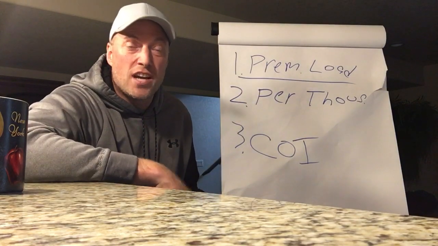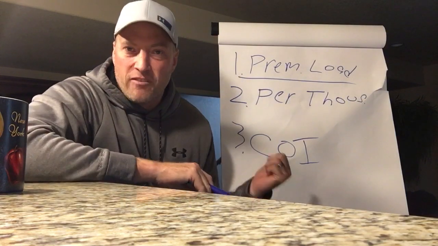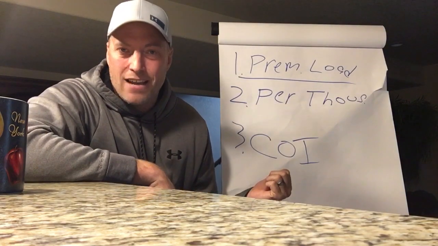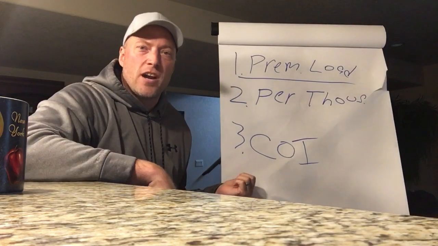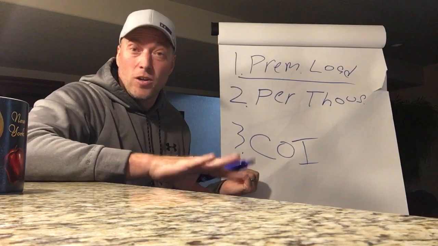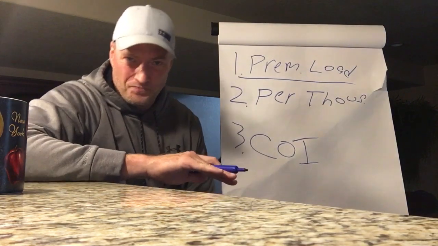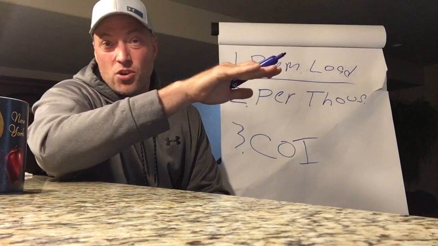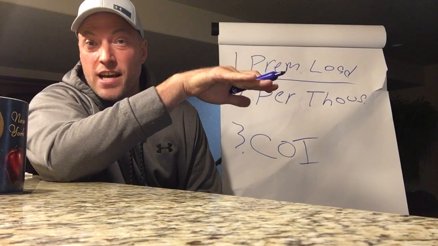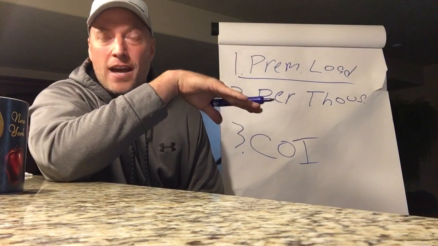Cost of insurance charges on universal life insurance can be, the maximum of cost of insurance charges are governed by CSO mortality tables. For instance, many insurance carriers currently have the 2001 CSO mortality table as a maximum charge, which, by the way, is turning into the 2017 CSO mortality table, which insurance companies have to switch over to by the end of 2019.